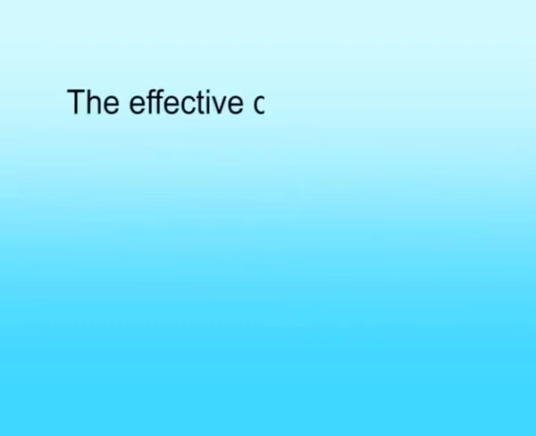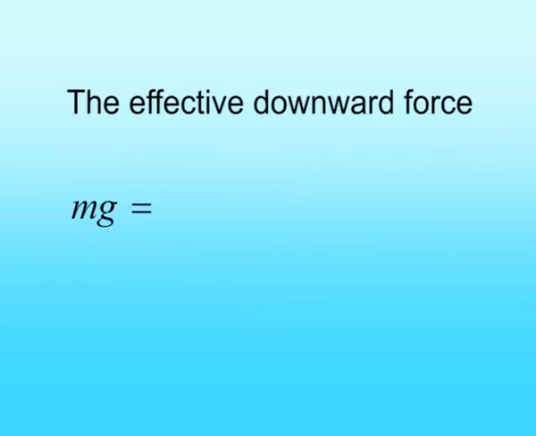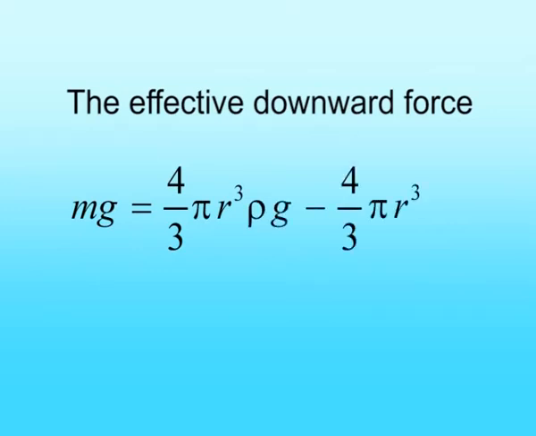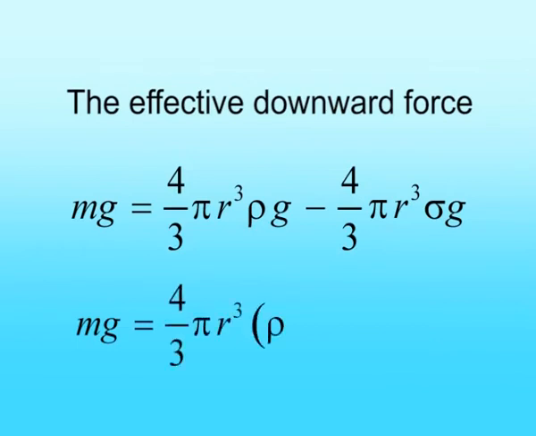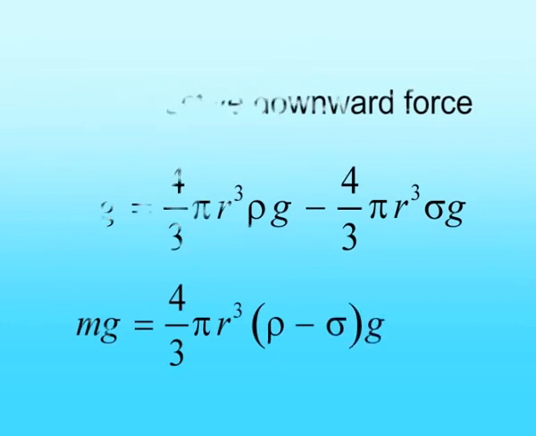The effective downward force mg is equal to 4 by 3 pi r cube into rho into g minus 4 by 3 pi r cube into sigma into g, or mg is equal to 4 by 3 pi r cube into the difference of rho and sigma whole into g.